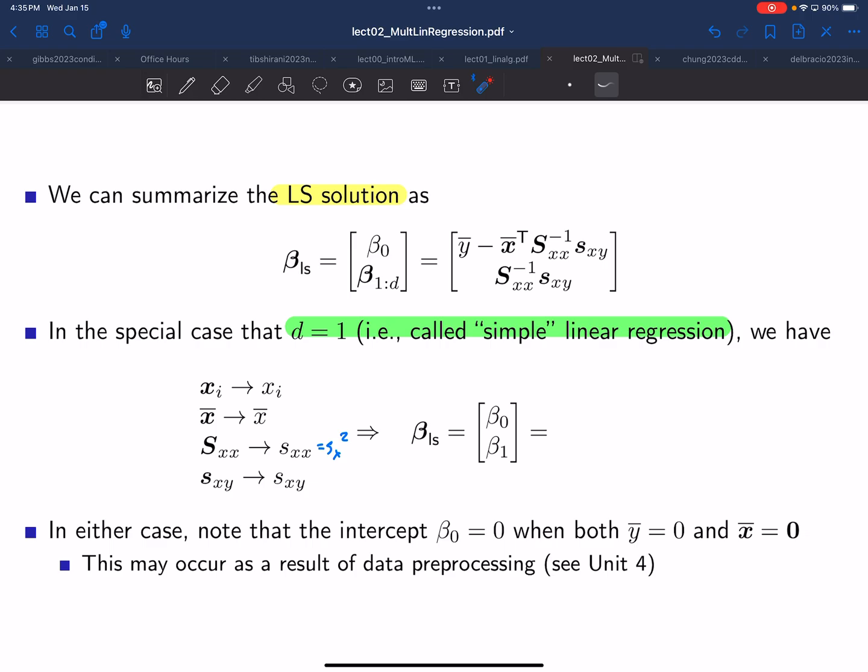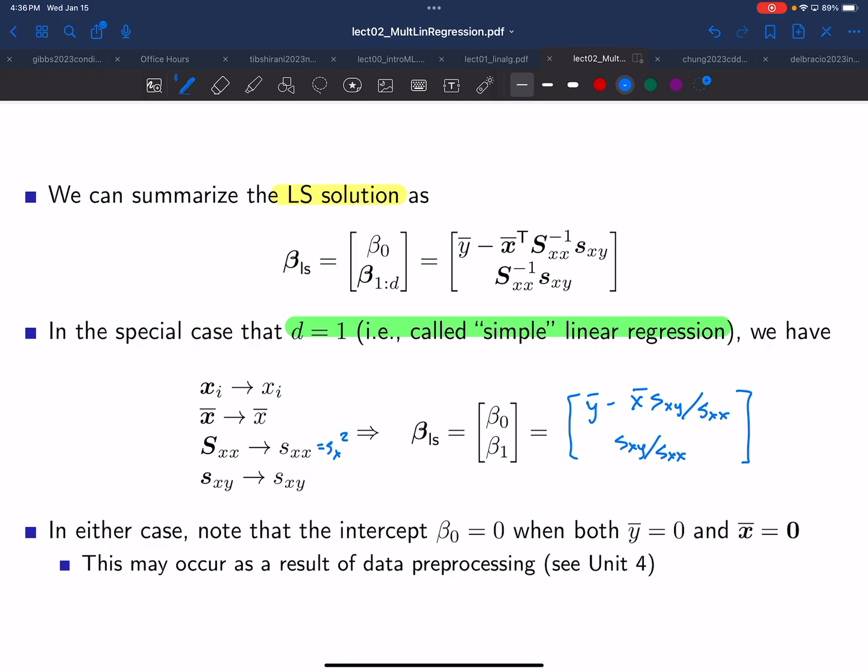So in this case, if you plug SXX into here, the matrix inverse just turns into a scalar division. So we can do it like so: we're going to have y bar minus x bar times sxy divided by sxx, and then we have sxy divided by sxx.